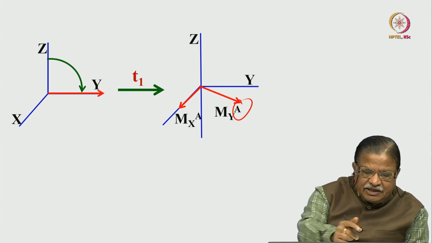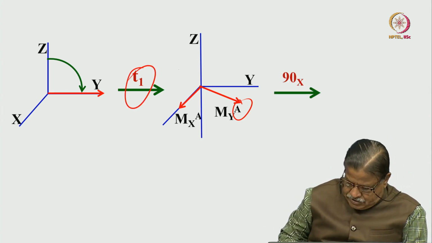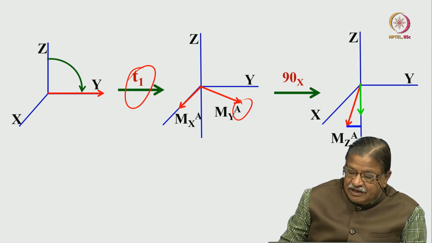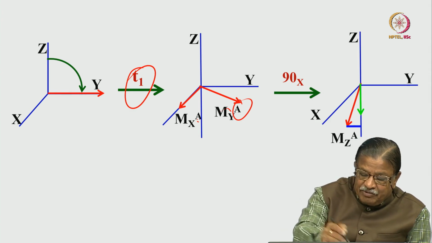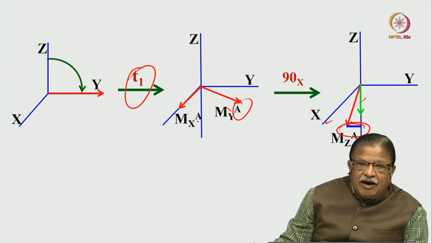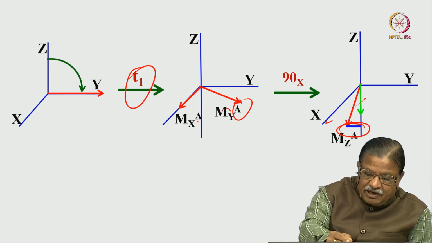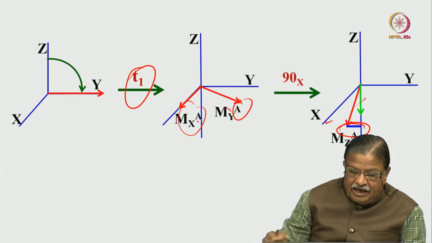Vectors have started moving with T1 like this. Apply another 90-degree pulse. Then this component will move like this, and I am considering only the component along the Z axis. So the other spin, let us say, I am not considering, only one of them. A, I am not worried about.